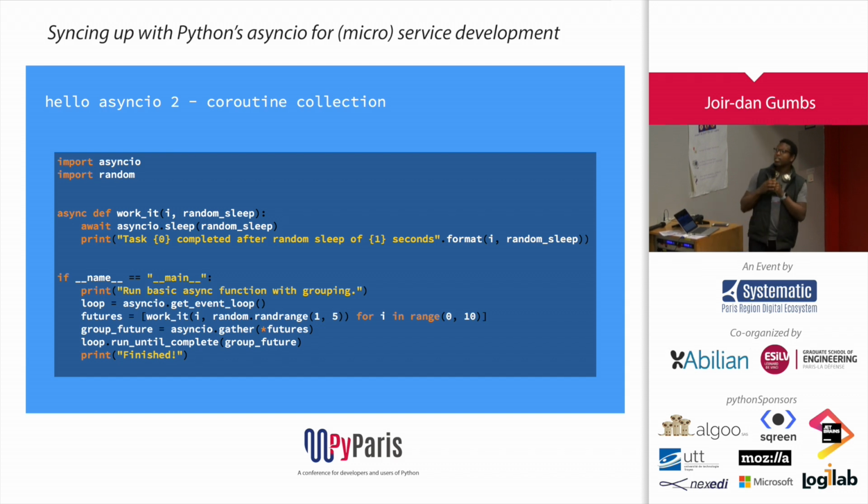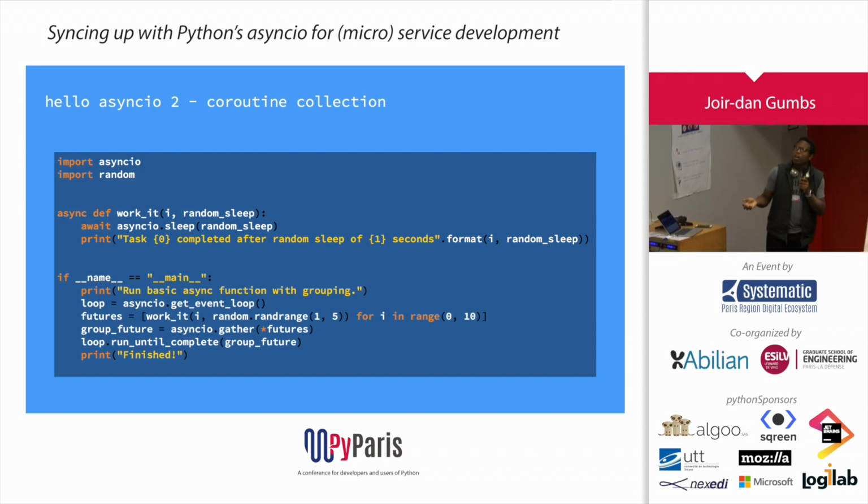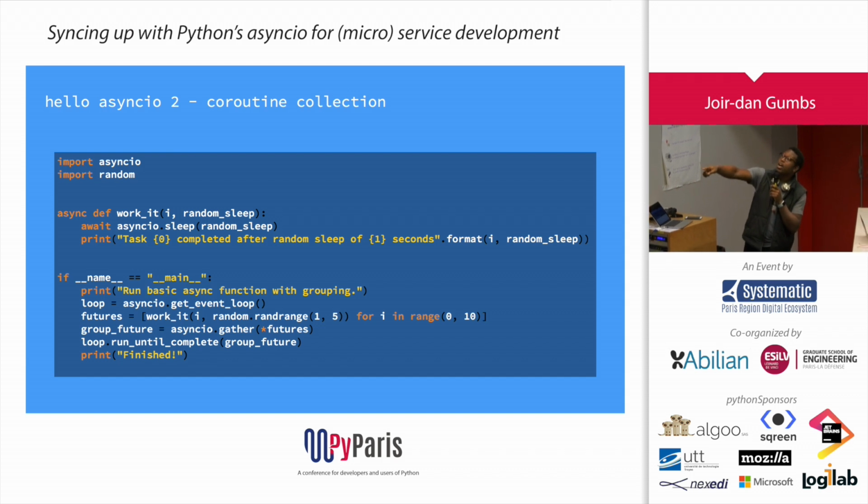As I had mentioned earlier about grouping futures and grouping coroutines. So this example is very similar to the example that I had in the previous one, where all I'm doing is waiting a certain number of seconds until it completes. But here, now I've got a bunch of them. I set up a bunch of futures utilizing a list comprehension.